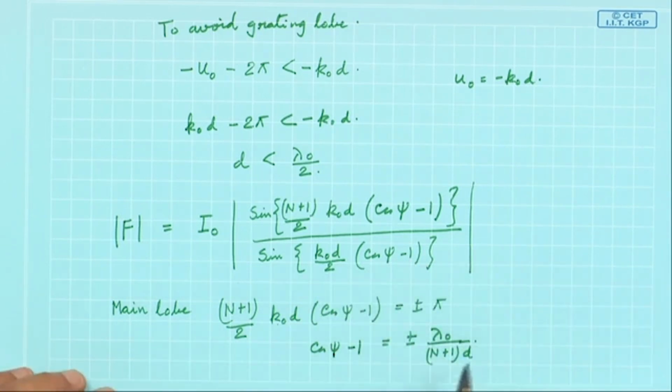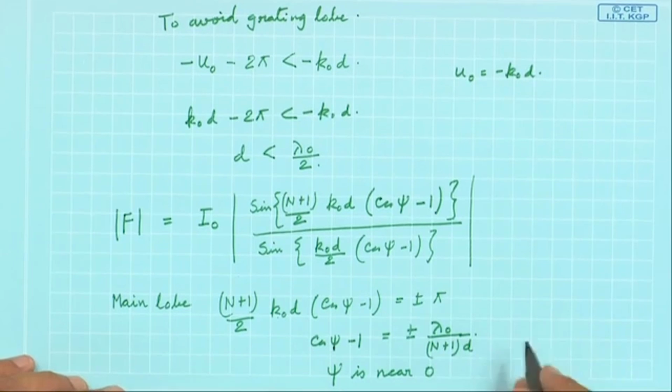So, we can say that psi is near 0, and what is the value? We can say that at the nulls, the value of psi is plus minus delta psi, which is a very small value.